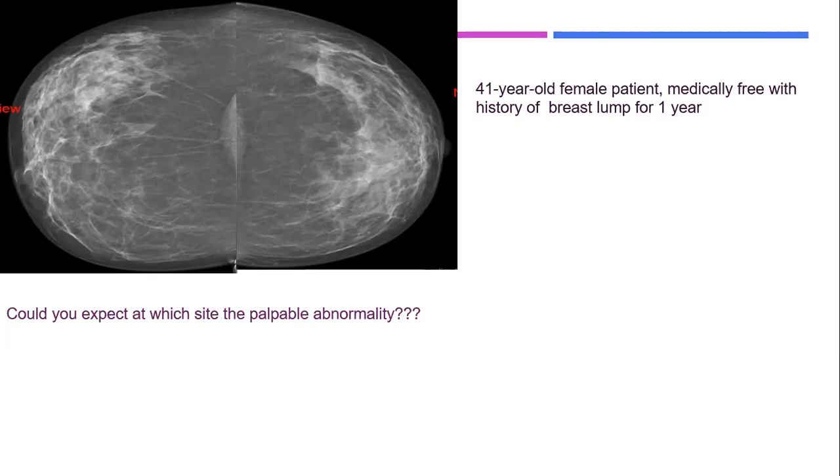This is a good bilateral CC view, good image quality. Could you appreciate any abnormality in this image? Which side would you expect the palpable abnormality? There is a focal asymmetry at the left breast, left medial, central.